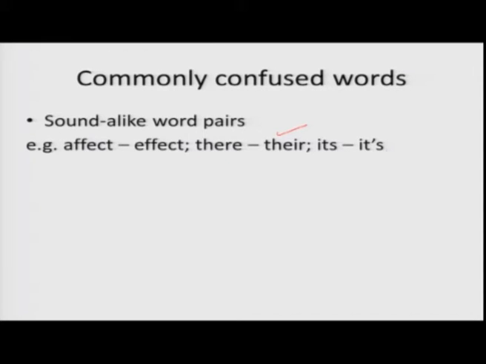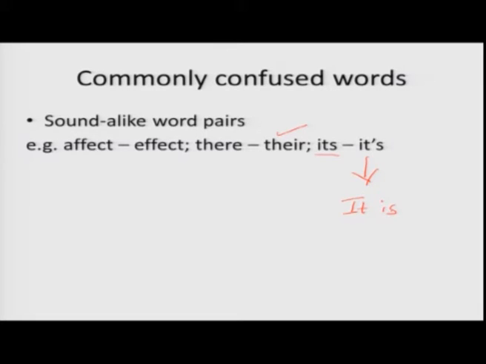Similarly, its and it's. The pronunciation is very similar, but they are two different words. One is possessive, something like: I have a new bag, its color is red. The other is actually an abbreviated form of it is.